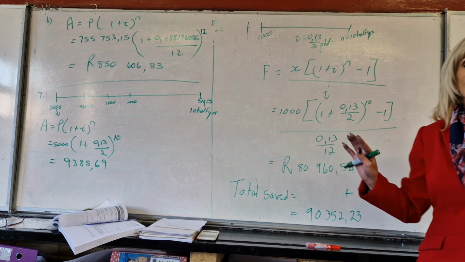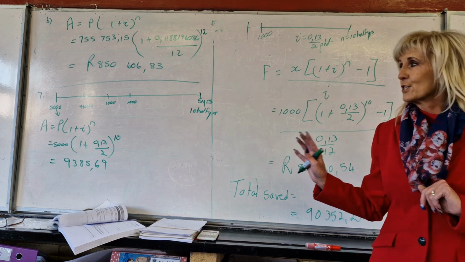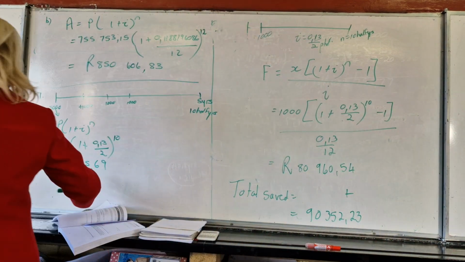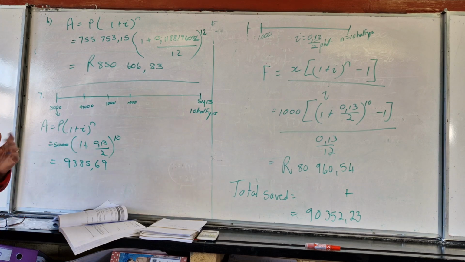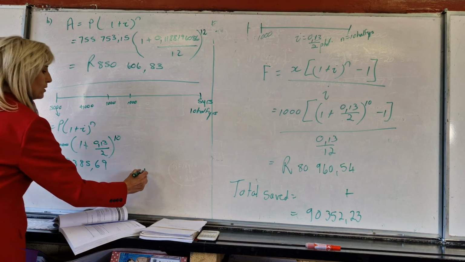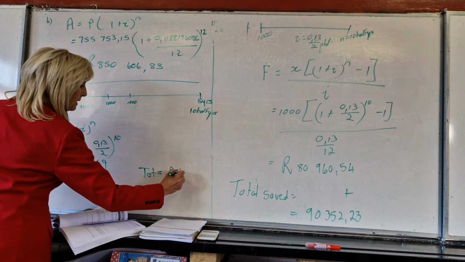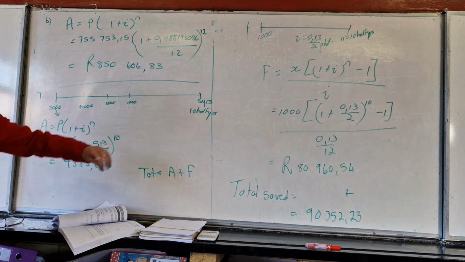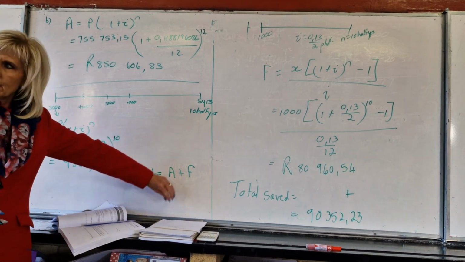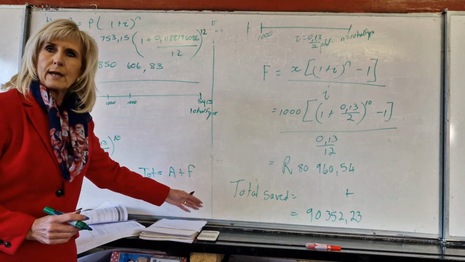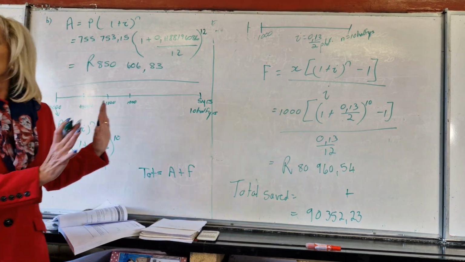Do you understand why we did this sum this way? So there was a grade 11 sum. Now what people do is they put it all together. They say the total is that A sum plus that F sum, and they do the A sum here on its own, and they do the F sum there on its own, and they add them together. I just don't want you to be confused.